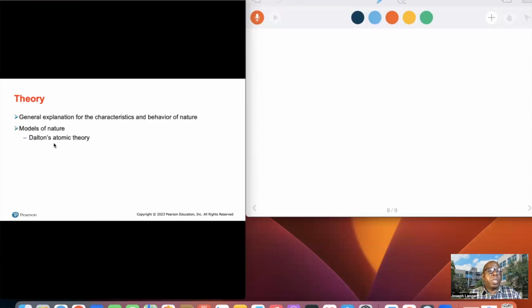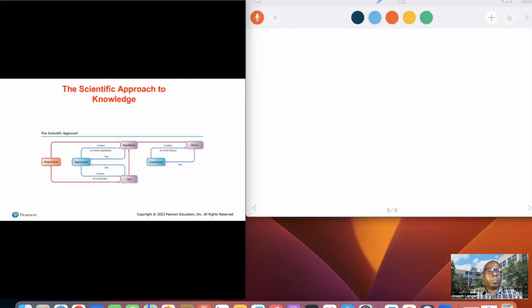But what I wanted to say is the basis for a theory: it explains past observation and predicts the future. For example, Dalton's atomic theory is a model which tries to explain the law of mass conservation based on his assumption of what the atom actually is.